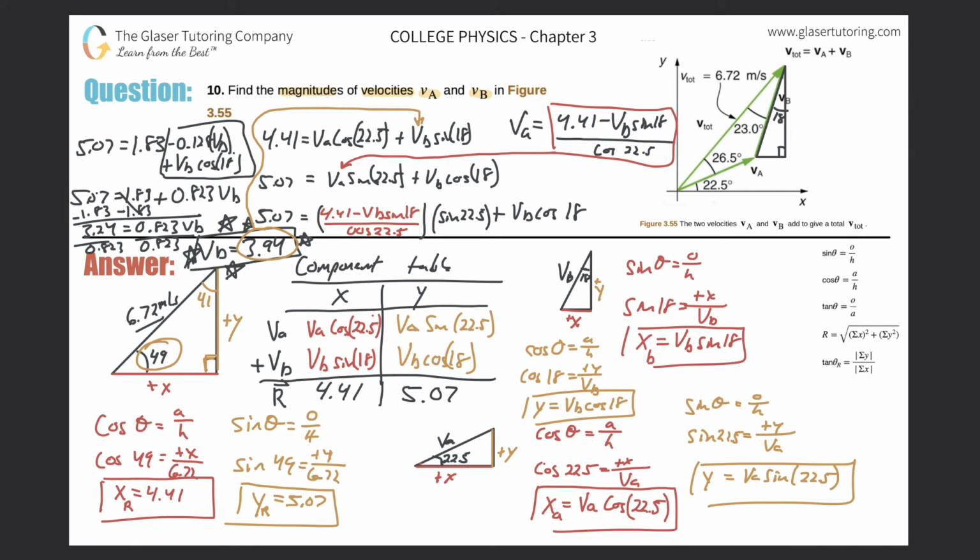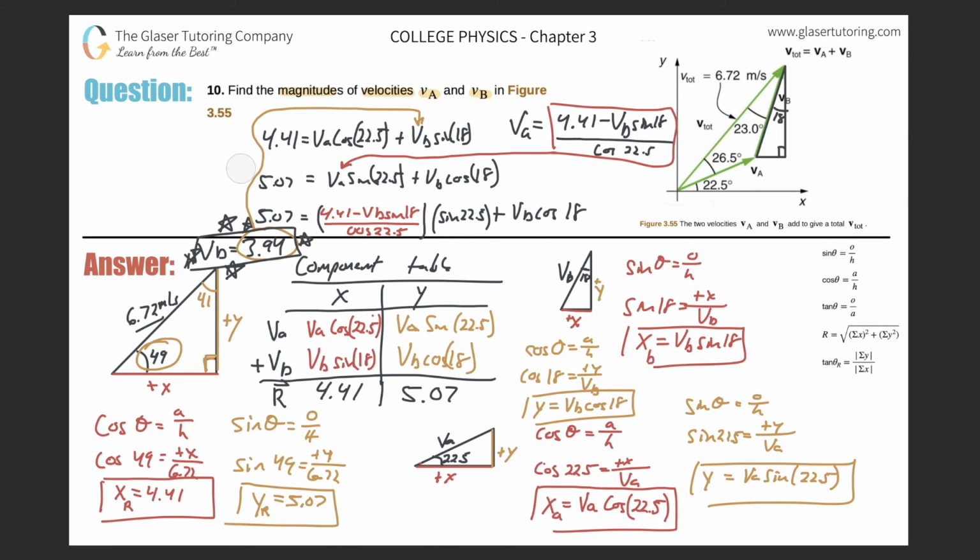Remember, it's 3.94. So let's erase this all. Actually, I'll leave that there. Now let's rewrite this equation with the VB value in it.